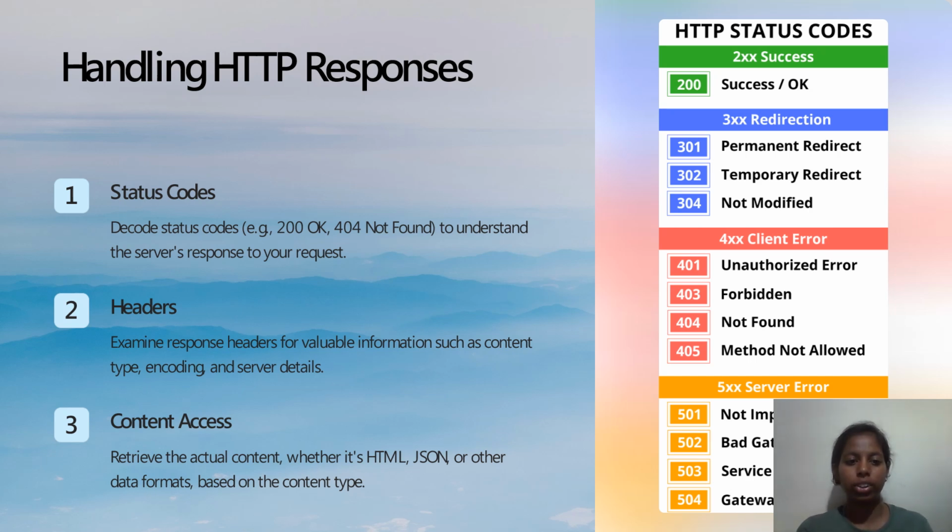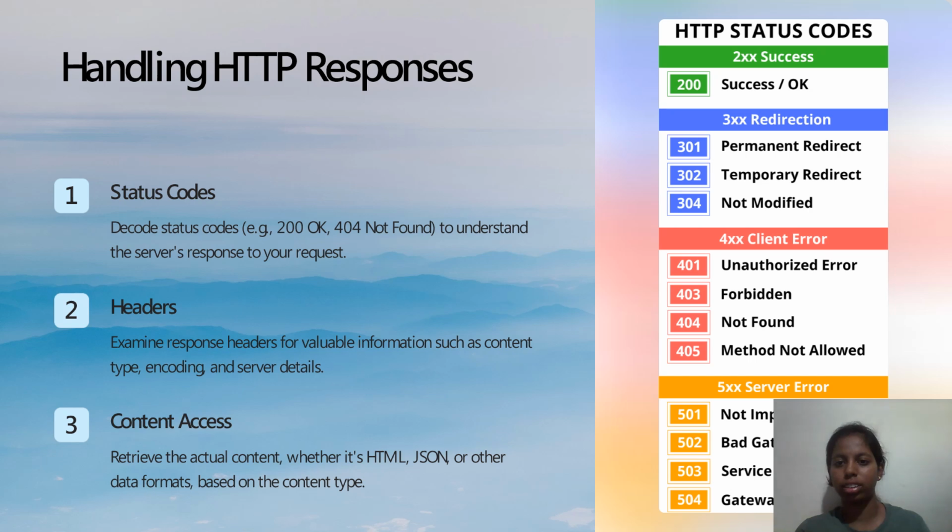Status codes: decode status codes, for example 200 OK, 404 Not Found, to understand the server's response to your request. Headers: examine response headers for valuable information such as content type, encoding, or server details. And third is content access: retrieve the actual content, whether it's HTML, JSON, or another data format based on the content type.